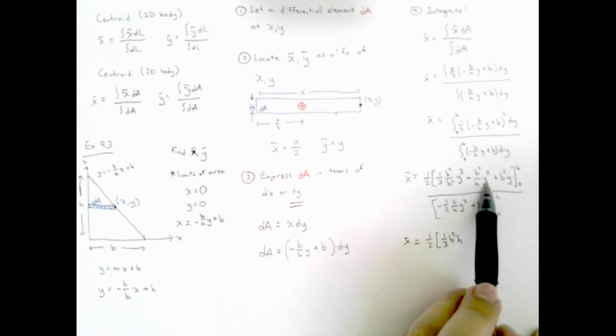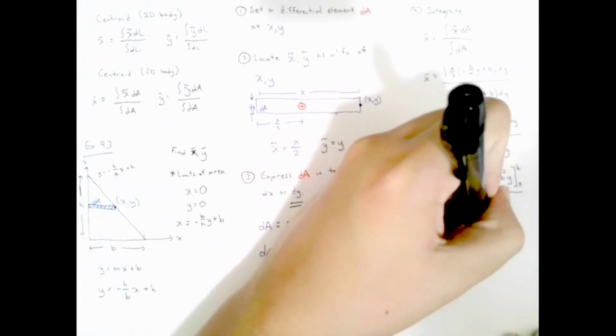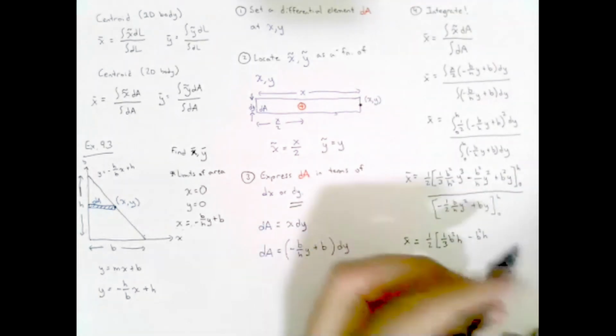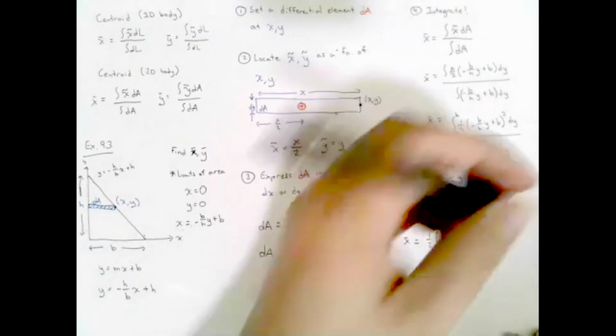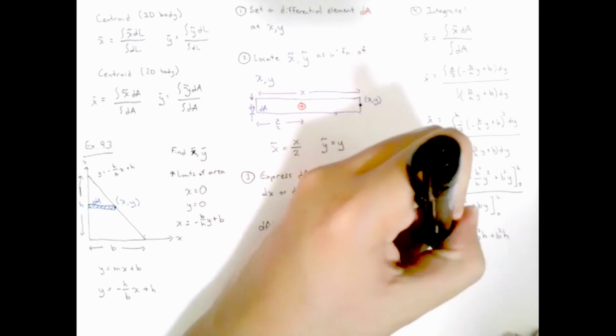Y equals h, so h squared over h is simply h. So this will be negative b squared times h. Y equals h, so this is just positive b squared times h.